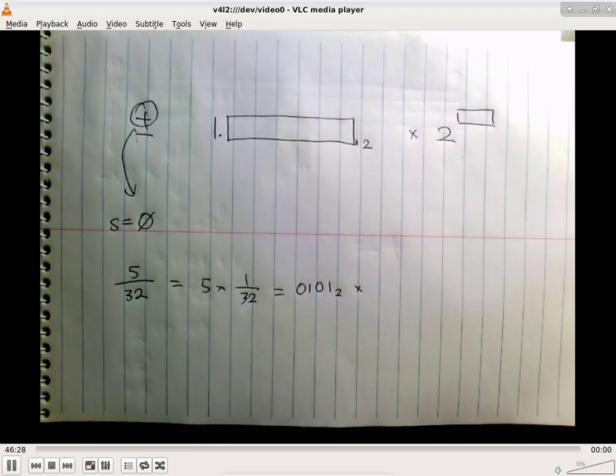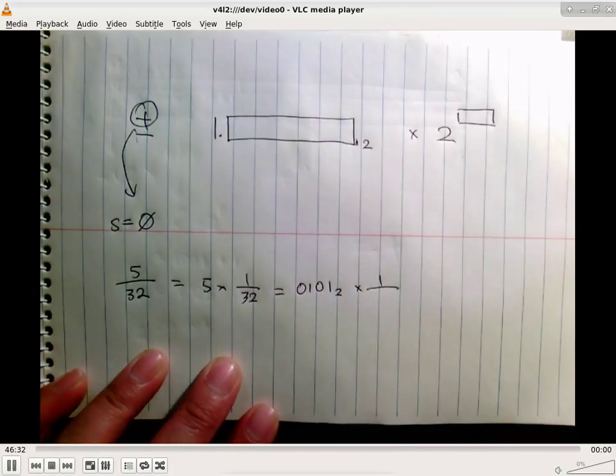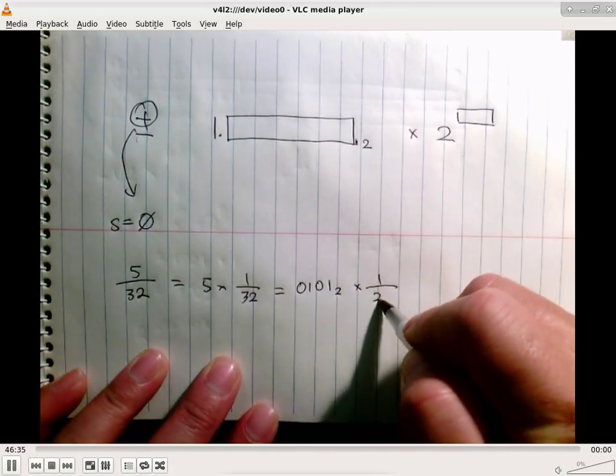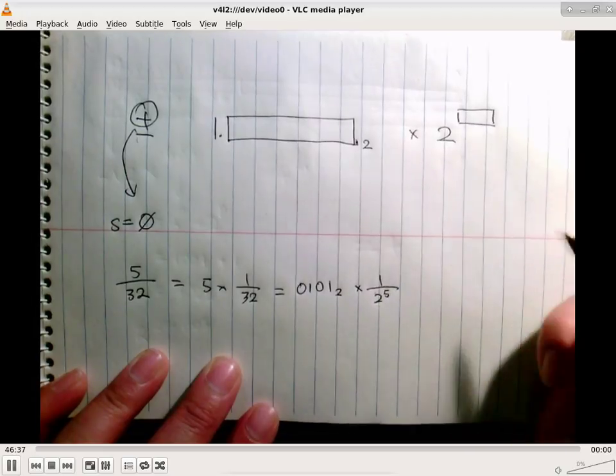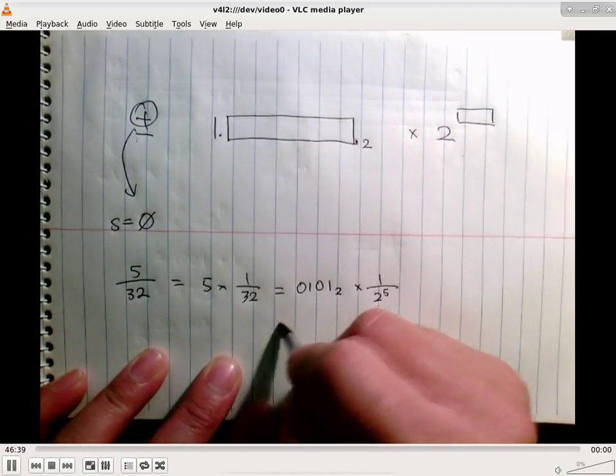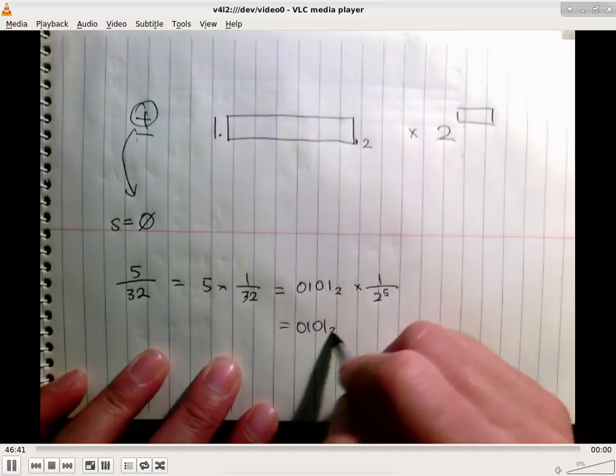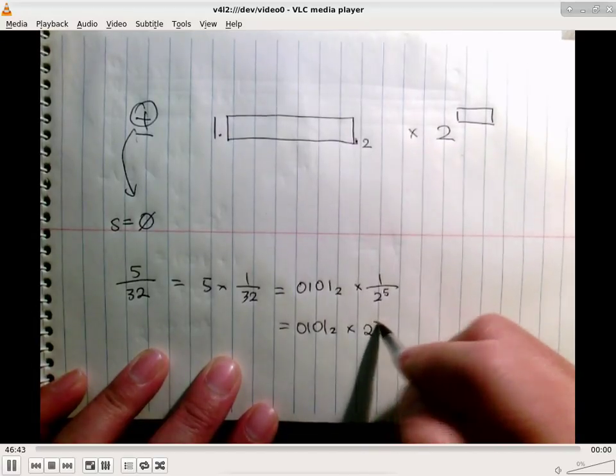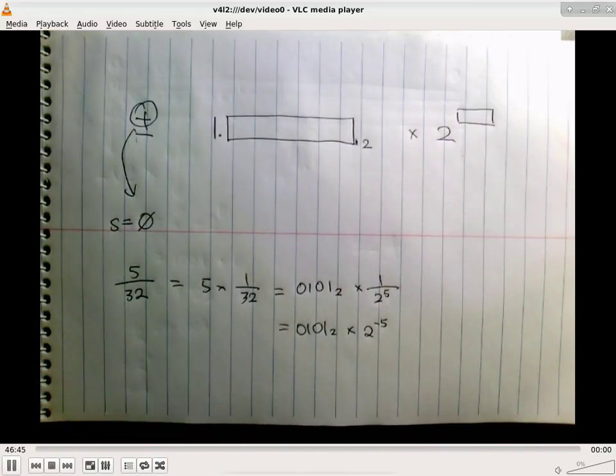Could you make it into the power of something first? Okay, so let's do it step by step. That's a good idea. So 32 is 2 to the power 5, right? So this becomes 0, 1, 0, 1 in base 2 times 2 to the power of -5, right? You're just taking the denominator and negating the power.